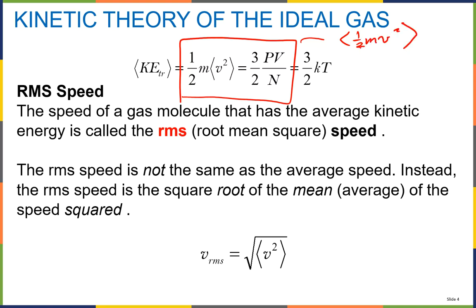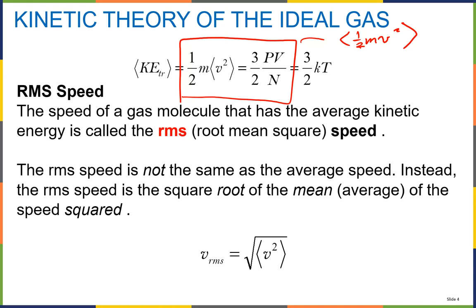If m is constant and 2 is constant, which obviously 2 is constant, then 1/2 m average of v squared is the same as the average of 1/2 mv squared. But what is 1/2 mv squared? It's the translational kinetic energy. And so that's why I have on the left side of the box the average of the translational kinetic energy.